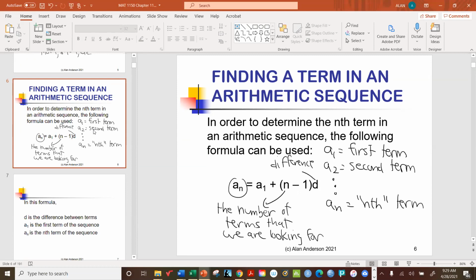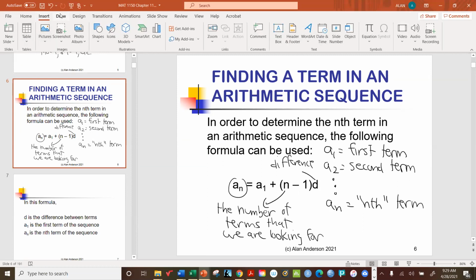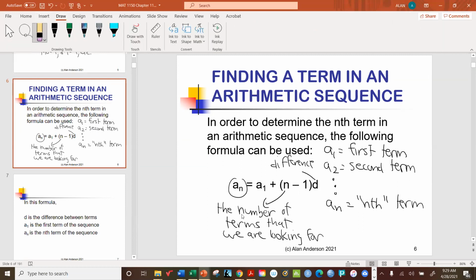Actually, let me rewrite this slightly. It's not the number of terms, it's the number of the term. Okay, so in other words, imagine I've got a sequence and I want to know what the 10th term is. Then N would be 10.